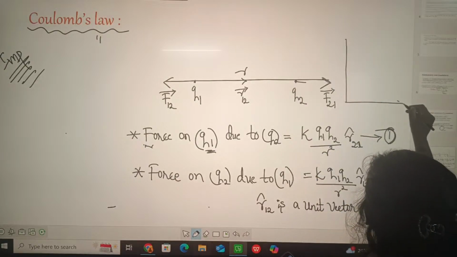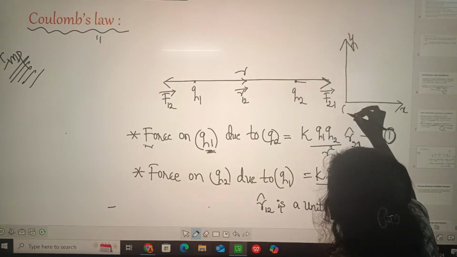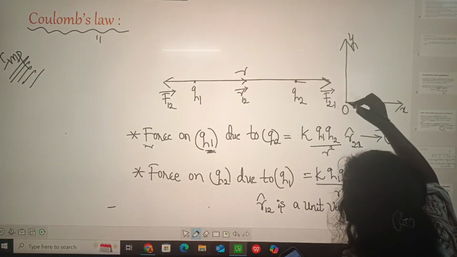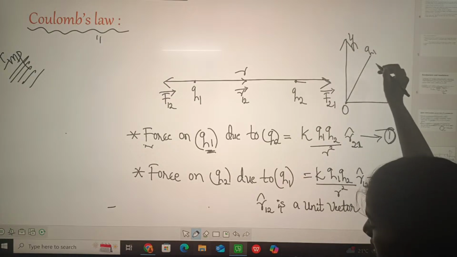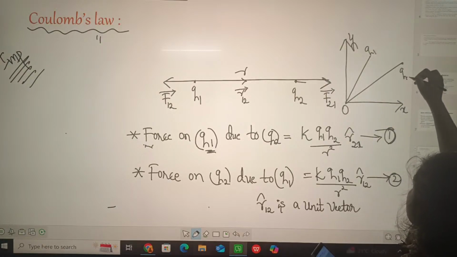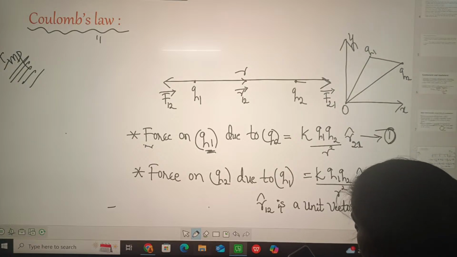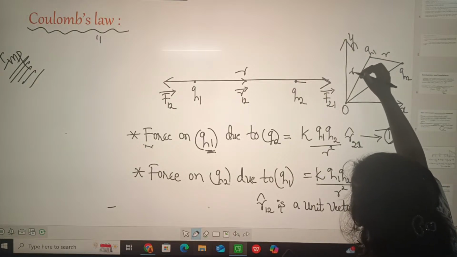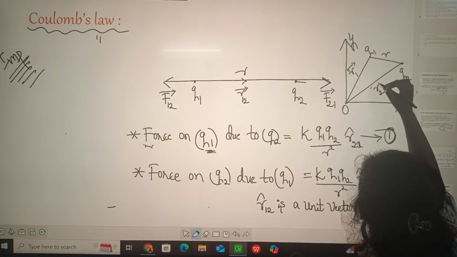This is the x axis and this is the y axis, and this is the origin. From the origin to Q1 is R1 bar, the charge Q2 is here, and from the origin to Q2 it is R2 bar. The distance between the two charges is R.